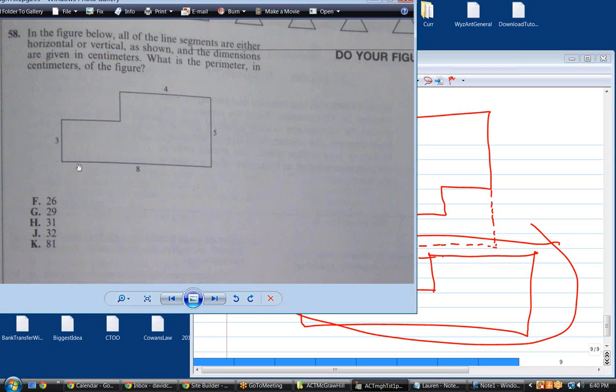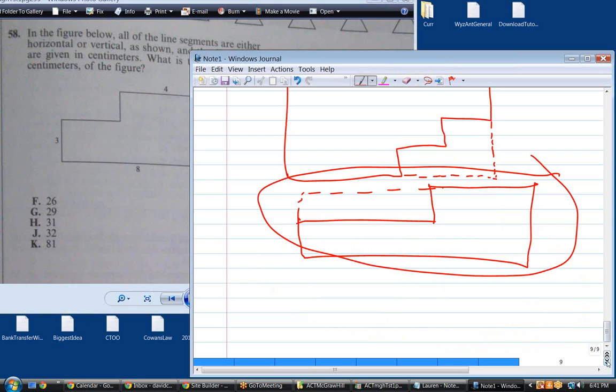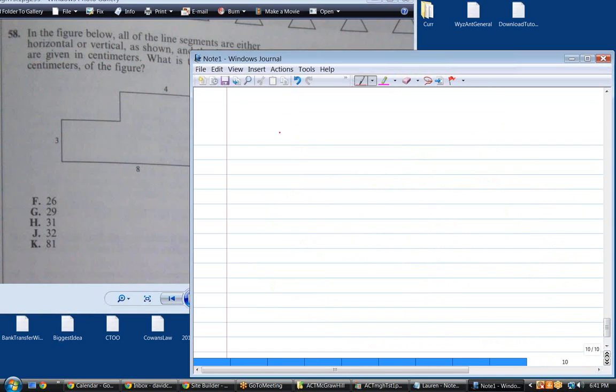Well, we already know the base and the height of that rectangle. It's 8 by 5. So what is the perimeter of an 8 by 5 rectangle? 40? That's the area. Oh.